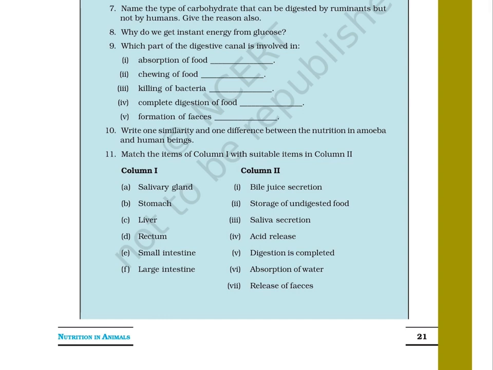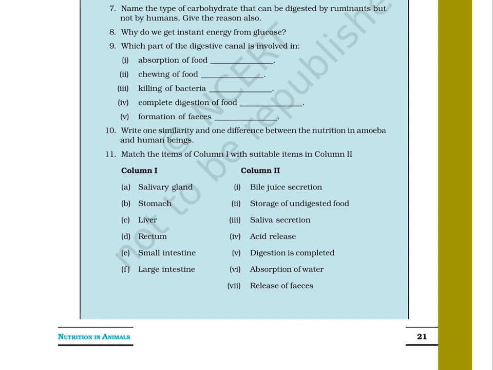Chewing of food, 3. Killing of bacteria, 4. Complete digestion of food, 5. Formation of feces. 10. Write one similarity and one difference between the nutrition in amoeba and human beings.